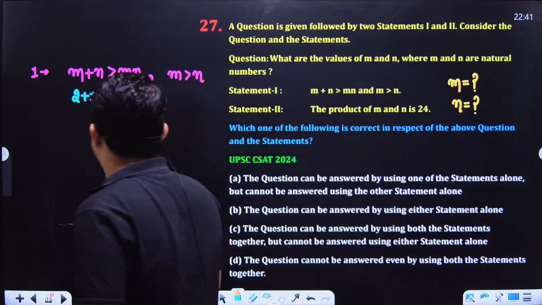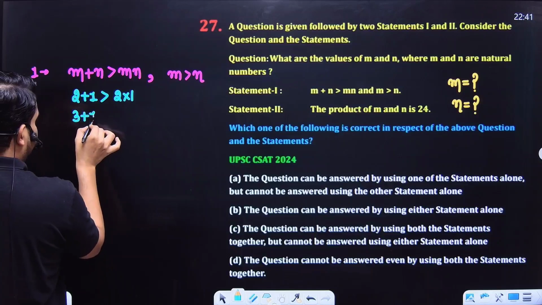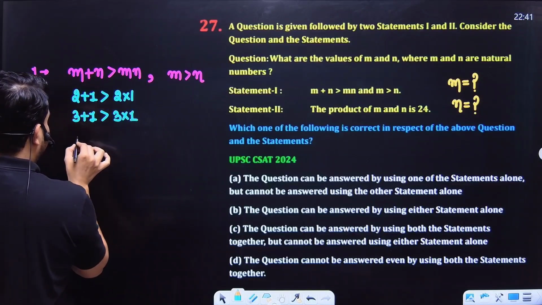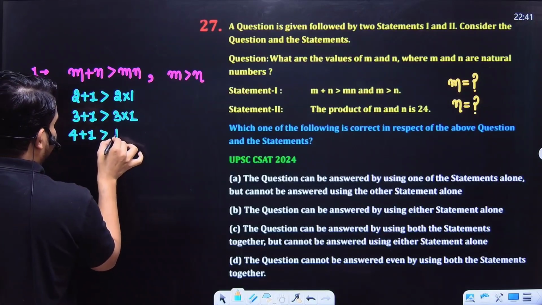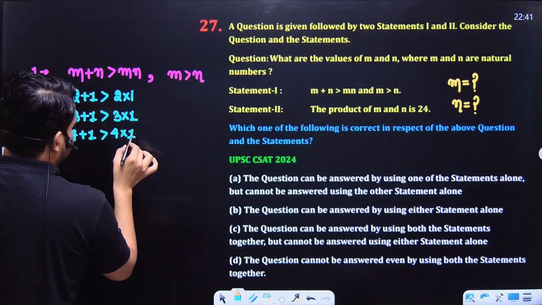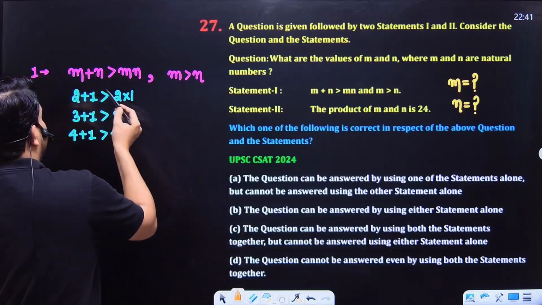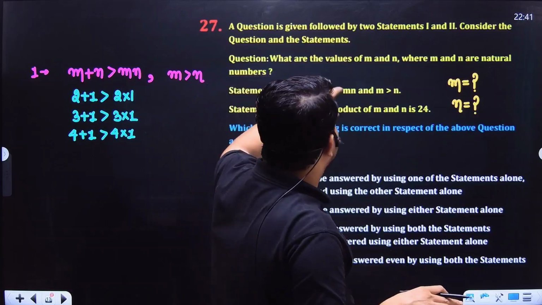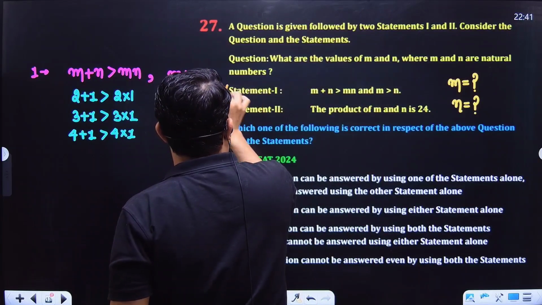If I take n equal to 1 and m equal to 3, 3 plus 1 is 4 and 3 into 1 is 3, and 4 is greater than 3. I can write infinite values which satisfy this relation. So if I have infinite values of m and n, how can I tell you the unique values of m and n? It means statement first fails.